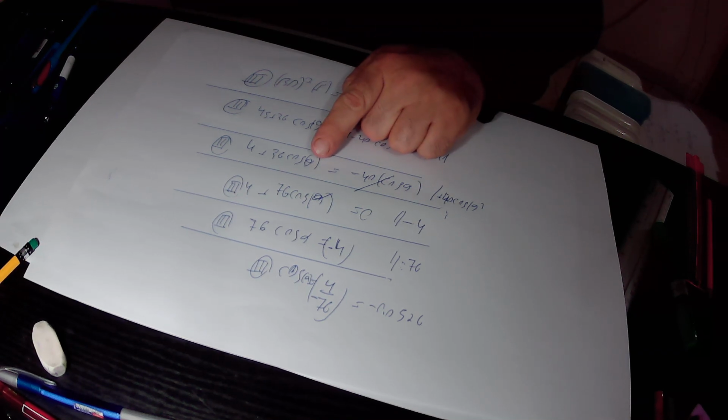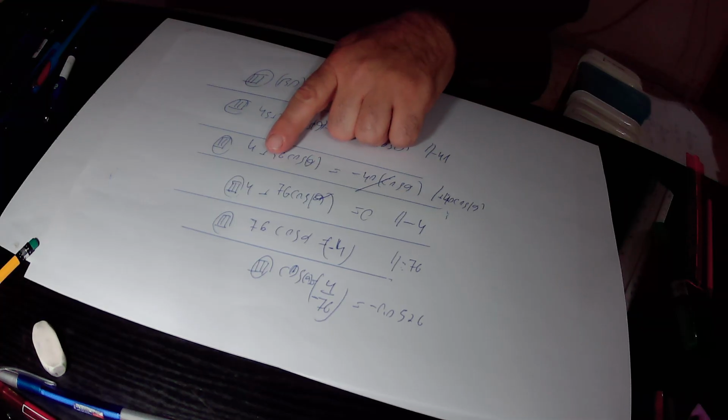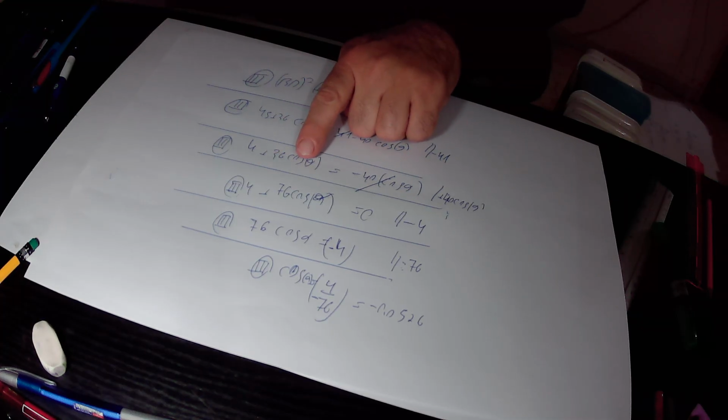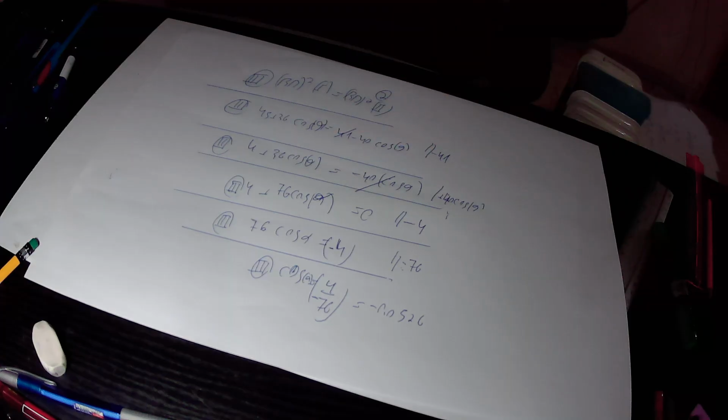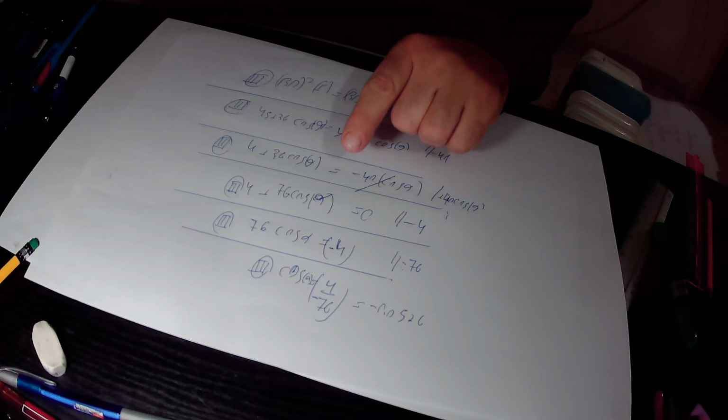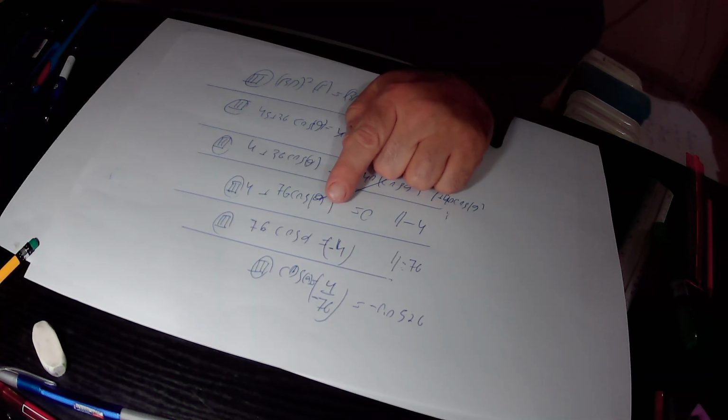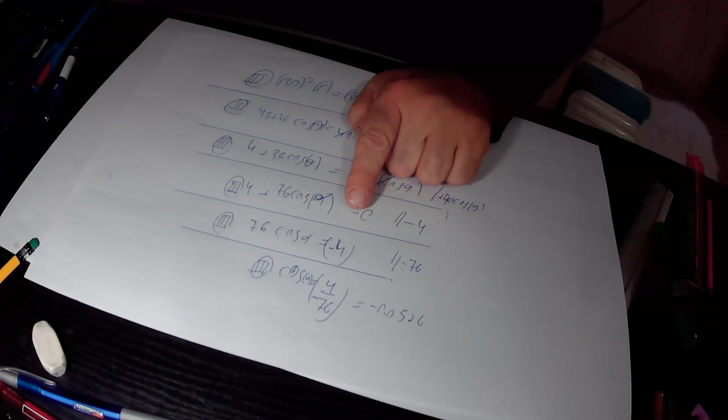Here we subtract 4 from this equation, so 4 gets cancelled. We are left with 76 times cosine alpha, and on the other side 0 minus 4 is minus 4. So according to equation 3, 76 times cosine alpha equals minus 4.